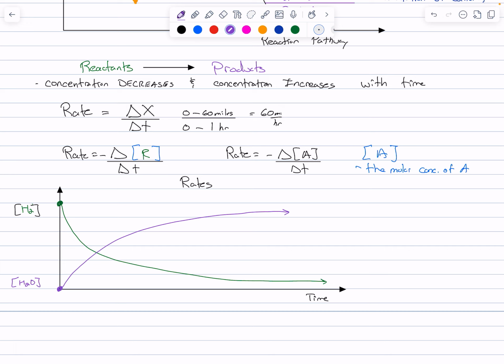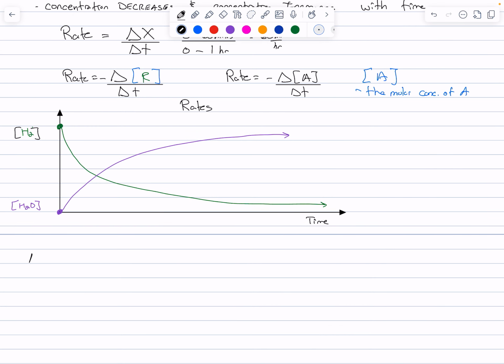And so there is the rate here. We don't often express it as the rate of water formation. We can, but we normally express it as the rate of hydrogen decreasing or oxygen decreasing. They'll have their rates.